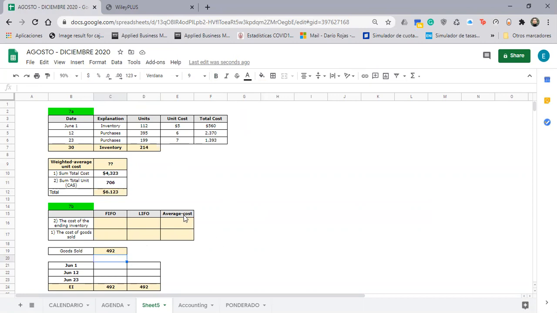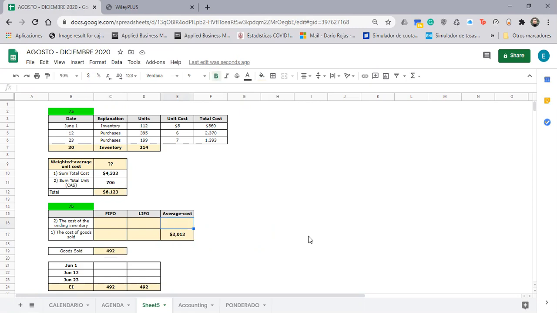Let's find the average cost. For the average cost, we only need to calculate the cost of goods sold by multiplying the goods sold times the weighted average unit cost. In that case, we will have $3,013.